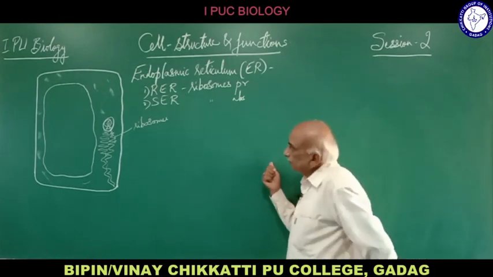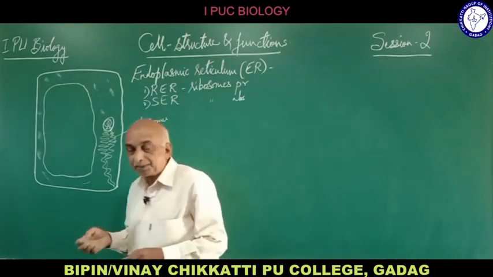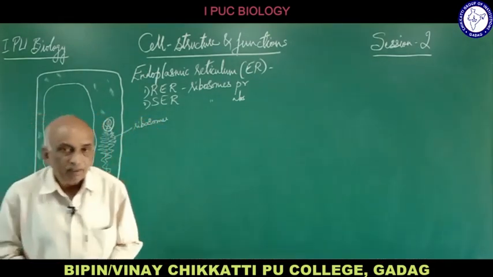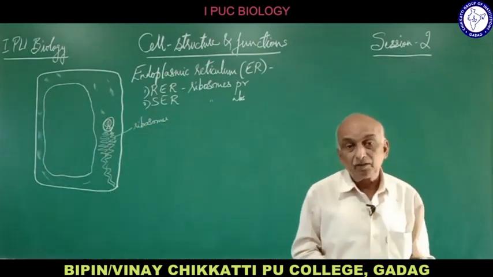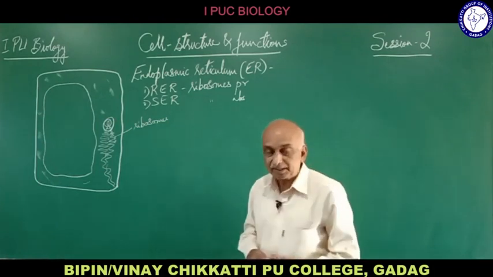The difference between these two is due to the presence of the ribosomes. Ribosomes are the protein factories of the cell. They are the organelles which synthesize proteins in the cell.